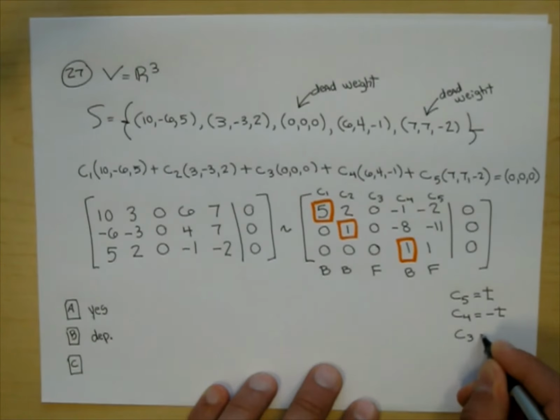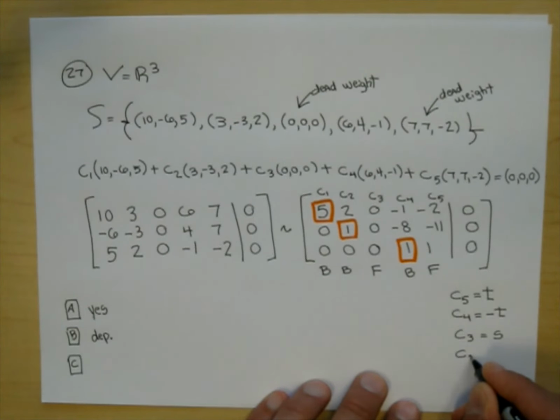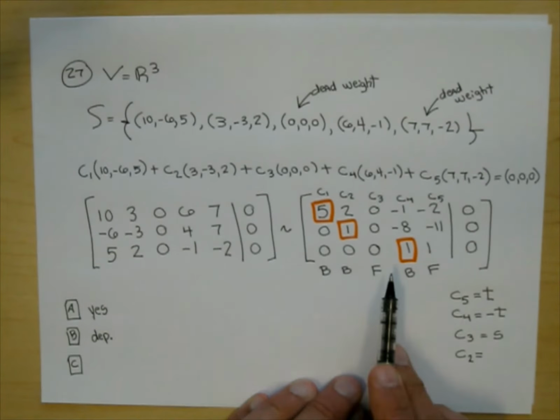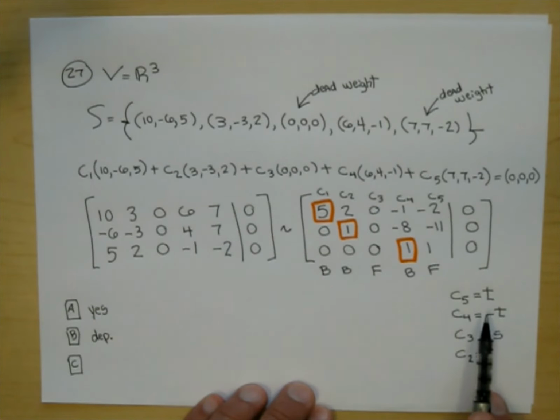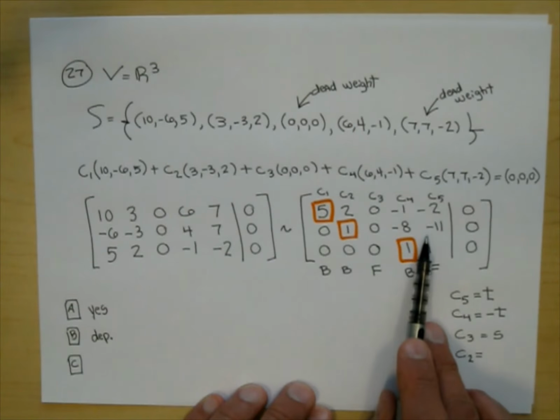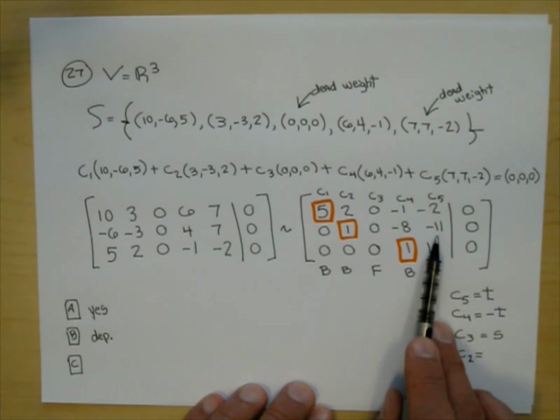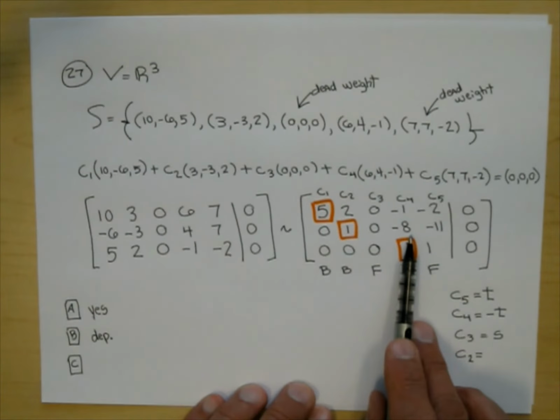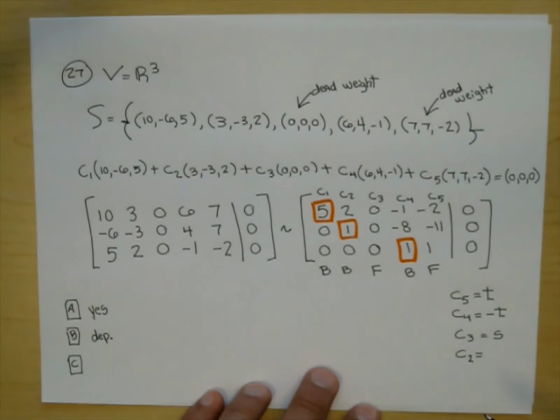C3 is S. C2, well, I put -T in for C4, so that's going to be 8T minus 11T, which is -3T. So C2 minus 3T, bring the 3T to the other side, so C2 is 3T.